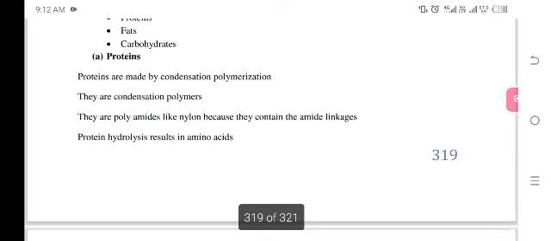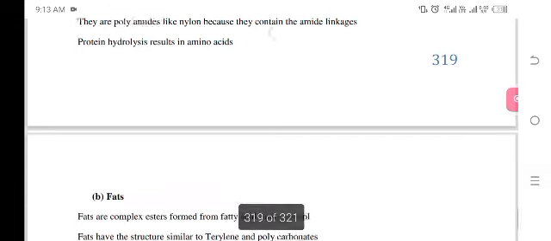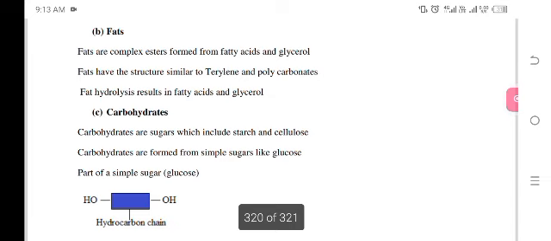Proteins are polyamides, just like nylons. So when you master the structure of nylons, you are also mastering the structure of proteins. Fats are complex esters. They are made from fatty acids and glycerol.